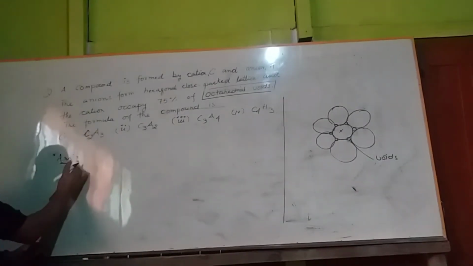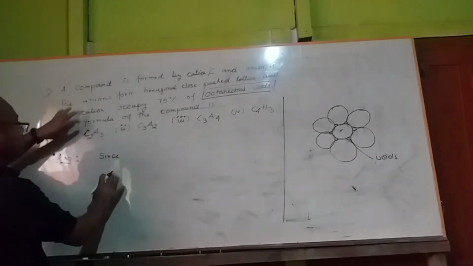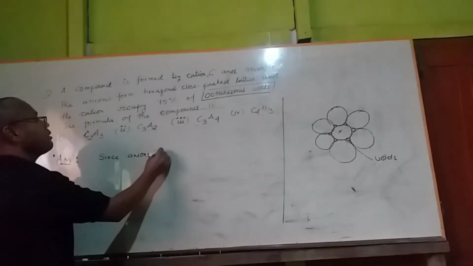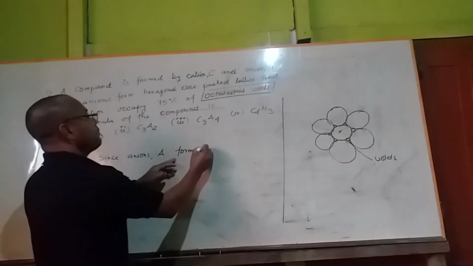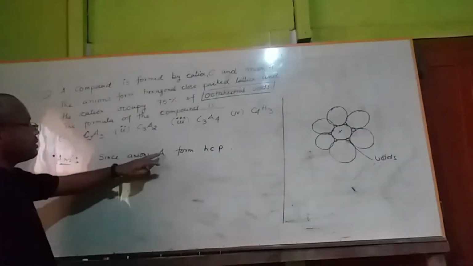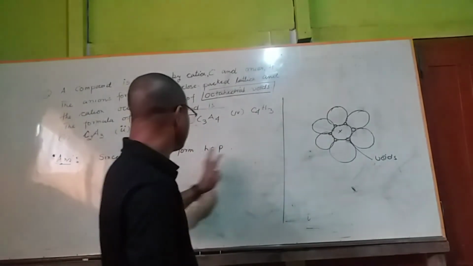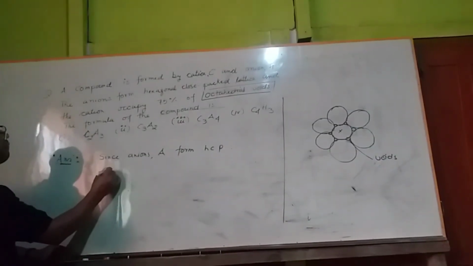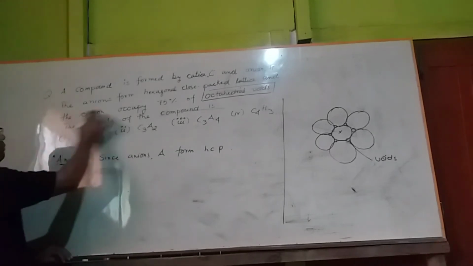Here, the anion is written as A. The anion forms HCP, which means the bigger circles drawn here represent the anion. Now we can suppose a number, since the percentage is given.